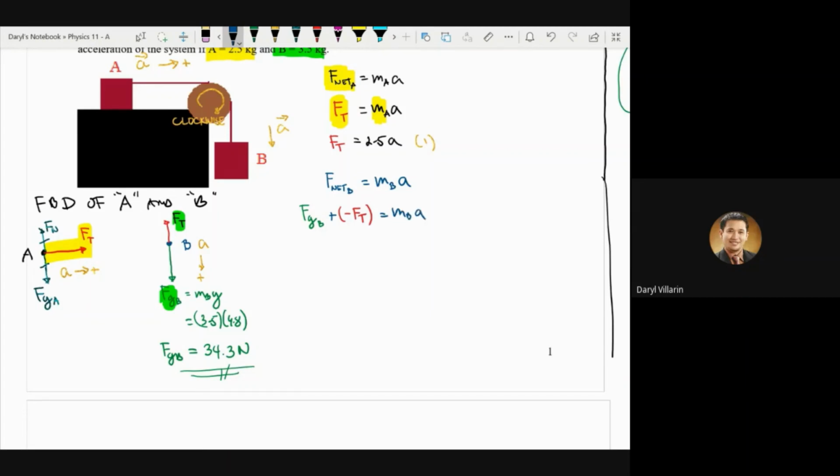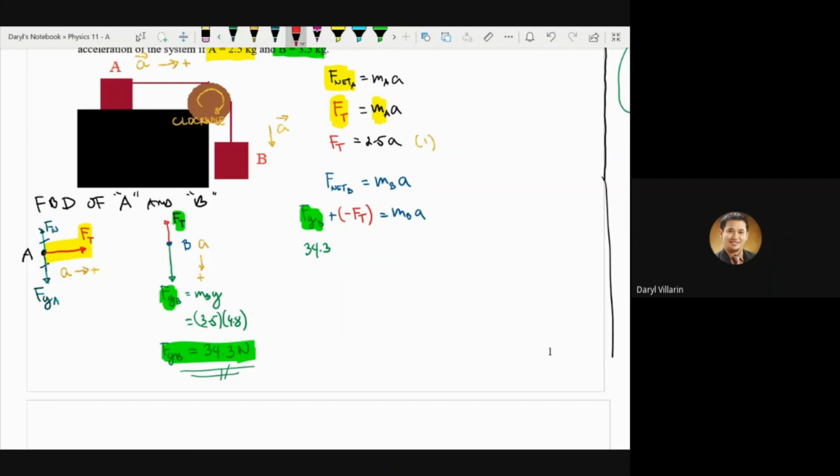Now I'm just gonna substitute everything that I know. I already solved my Fgb. The magnitude of that is 34.3, and it's positive because the acceleration is downward, so I set that one as the positive direction.